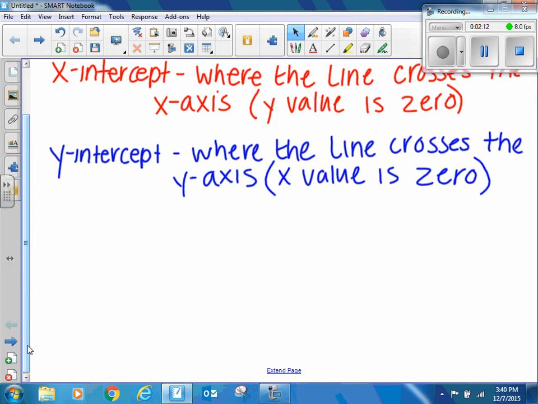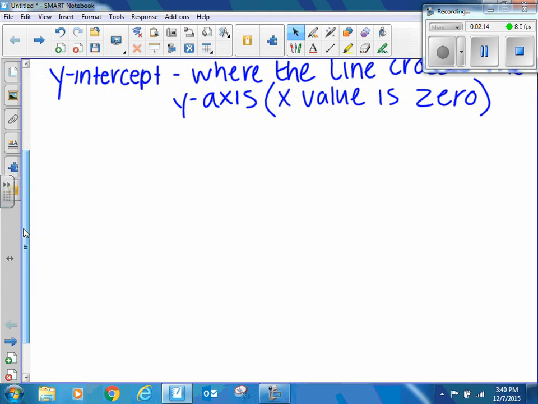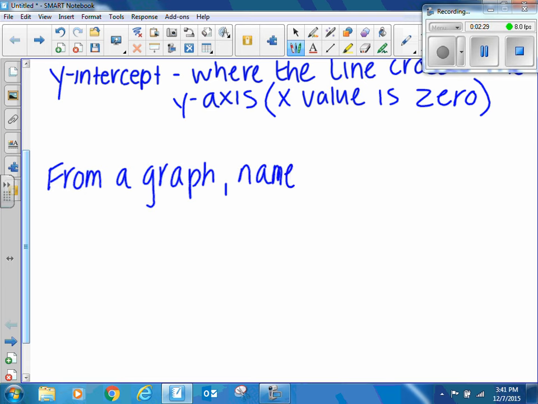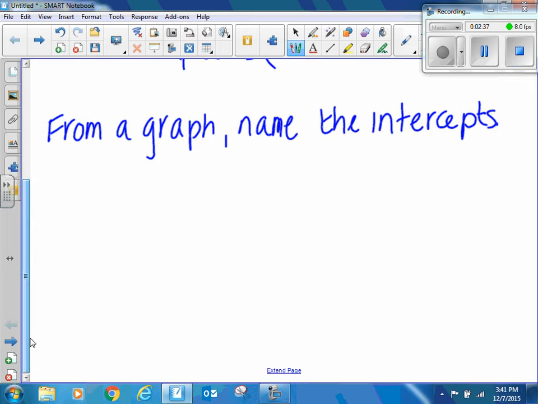Okay, so the next thing, let's see if from a graph we can name the intercepts. I'll draw a quick couple examples.